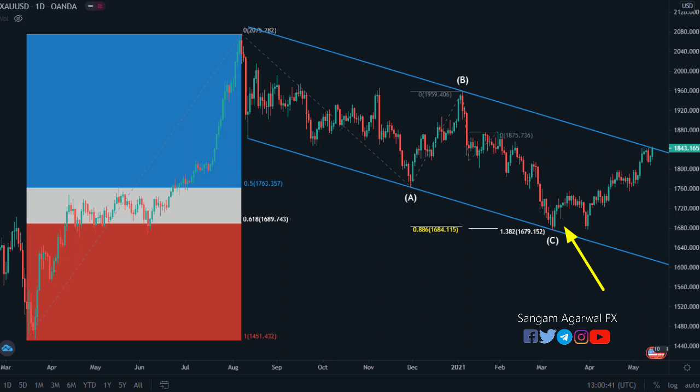Understanding of the previous trend gives us the top of the parallel channel. Now we will get the bottom of the parallel channel. Why did price make a bottom at this level? Because we have a 61% retracement of the previous trend, a 0.886 fib extension for wave C, and a 1.382 fib extension of a sub wave of C. The lower trend line of the channel was already tested twice.